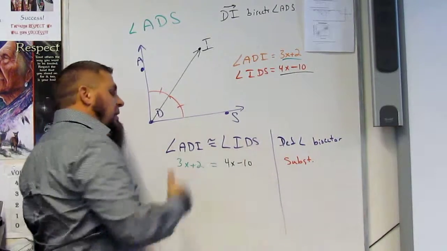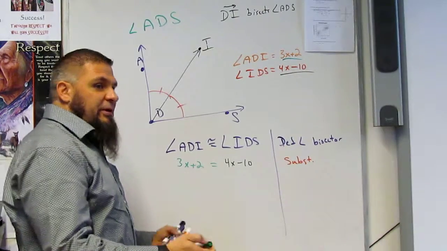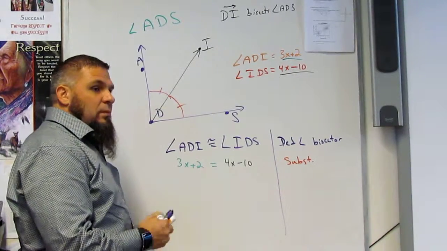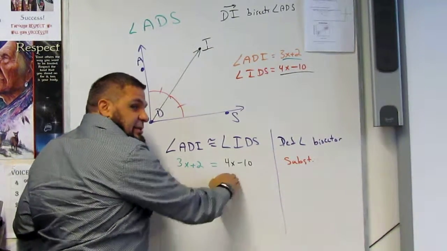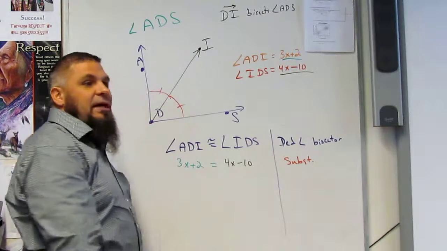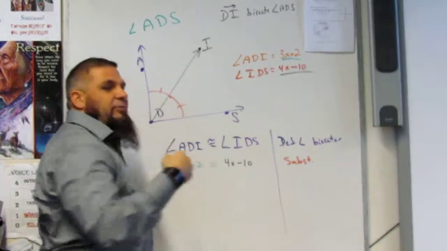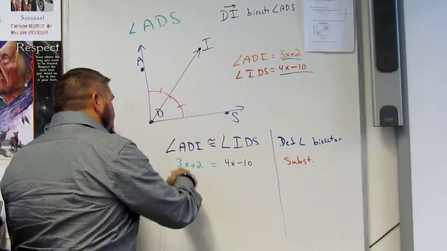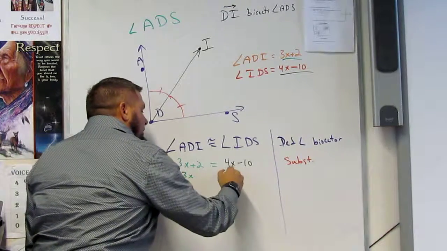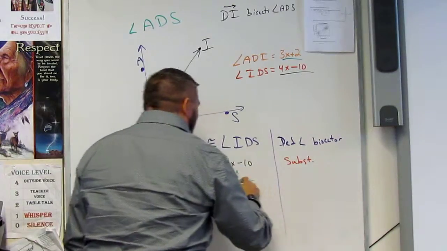Now I just do the math. What math do I have to do? What would I do first? Simplification. I'm going to move my x's. I gotta get the x's on the same side. Subtraction property of equality, which is, I'm going to subtract 3x and subtract 3x from both sides.